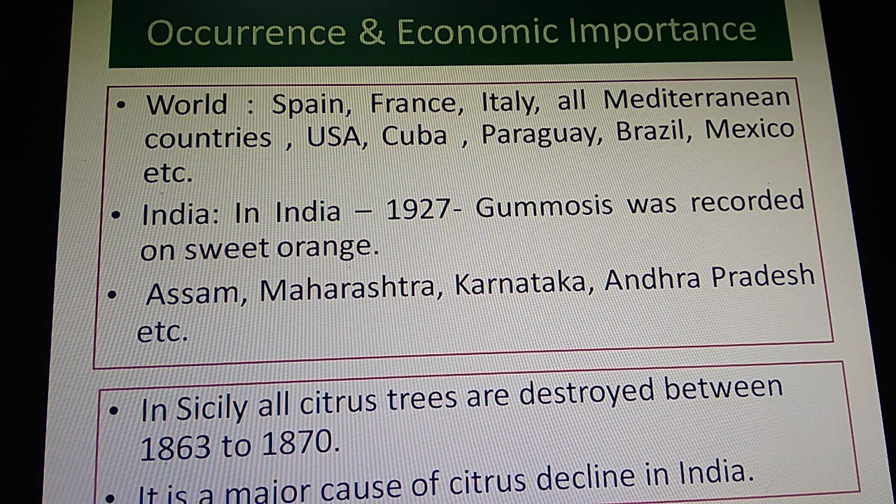About economic importance, in Sicily, all citrus trees were destroyed by this disease between the year 1863 to 1870. It is the major cause of citrus decline in Indian conditions.